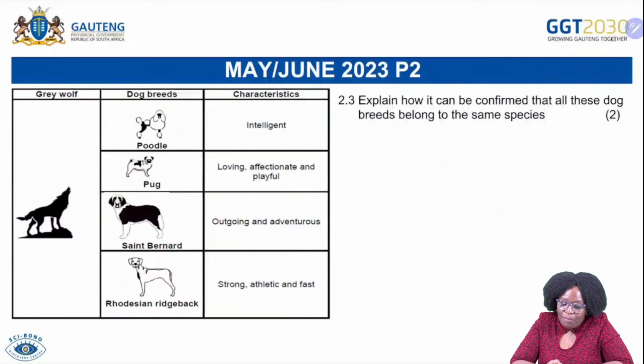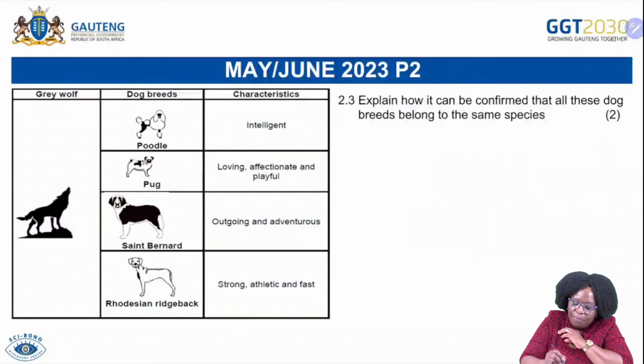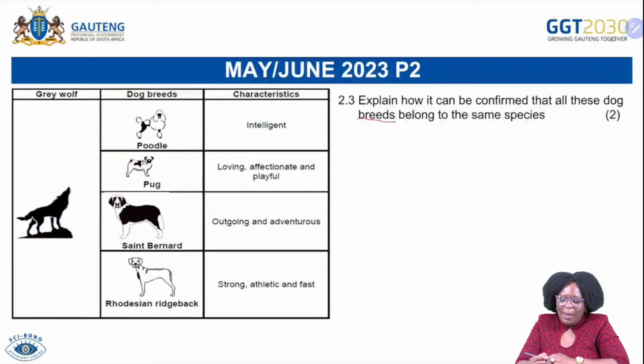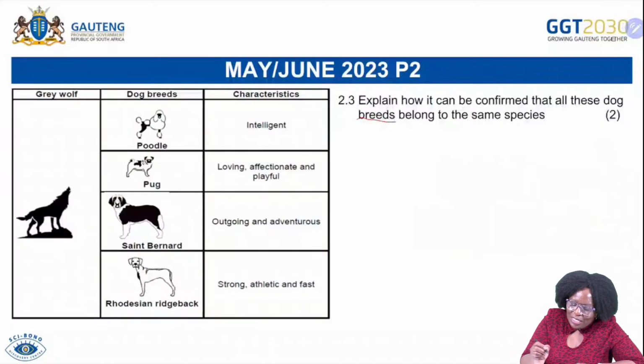Explain how it can be confirmed that all these dog breeds belong to the same species. So you are looking at different breeds, right? But now, are they belonging to the same species? Can you see that the examiner can just play games with your mind sometimes? Because they are saying, explain how it can be confirmed that they belong to the same species.